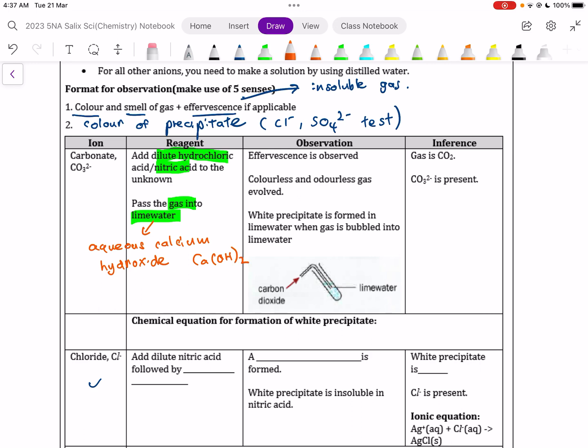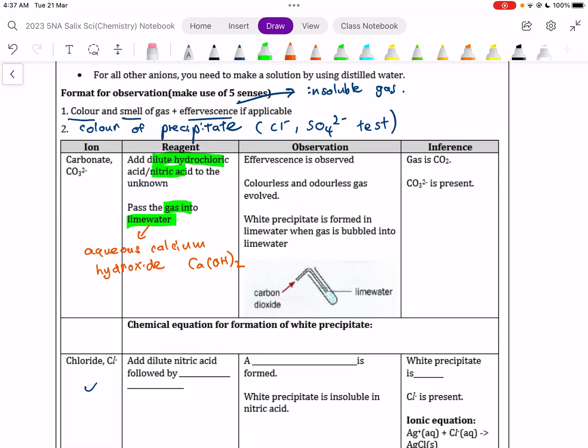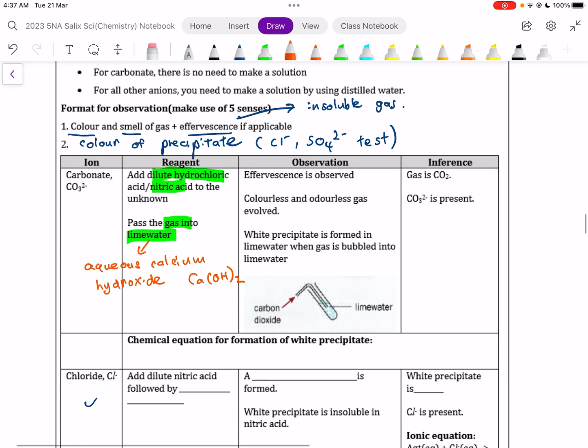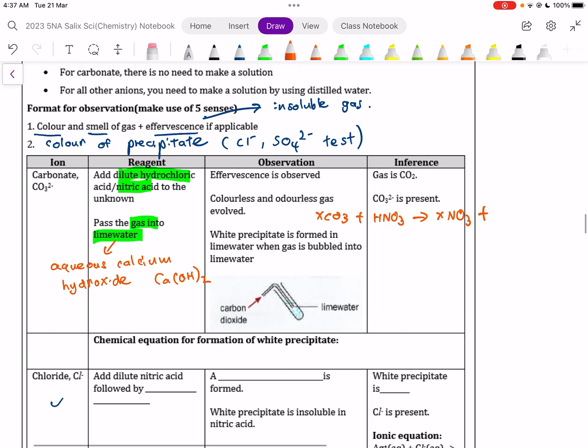For carbon dioxide gas, you'll see a couple of observations when you add the carbonate into acid. Maybe I'll write the equation over here. Whatever carbonate it is, you add your acid, let's say nitric acid. X is whatever cation it is.